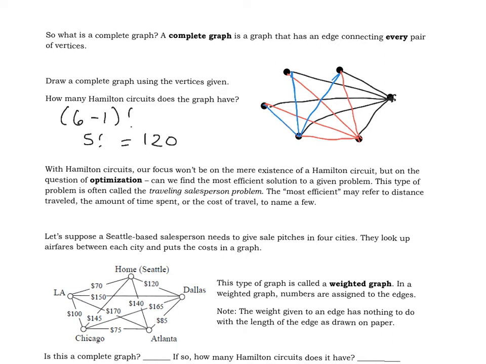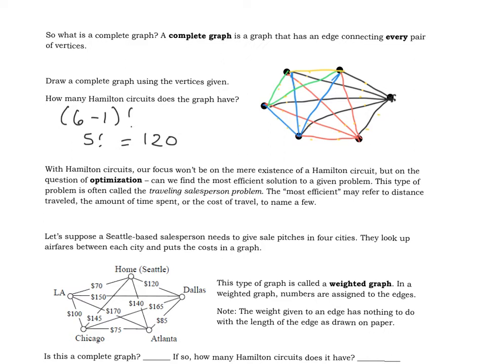Let's see. And I could end up with this one. I'm just going to make sure. So every vertex should have 5 edges coming from it. So 1, 2, 3, 4, 5. 1, 2, 3, 4, 5. 1, 2, 3, 4, 5. 1, 2, 3, 4, 5. 1, 2, 3, 4, 5.